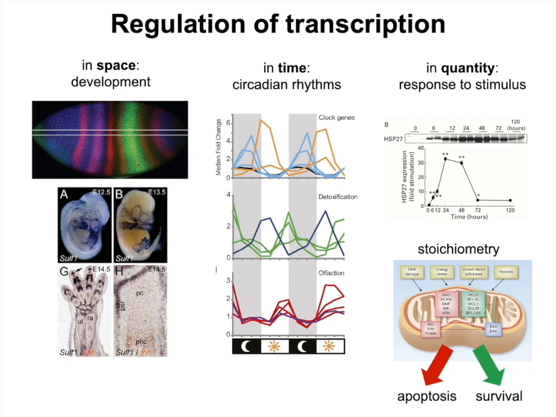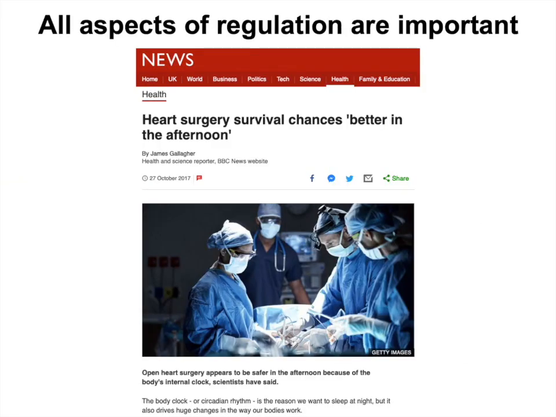The appropriate activation of apoptosis, and therefore the fitness of the organism, will largely depend on the capacity to regulate the transcription of these proteins. This has practical importance, as this piece of news suggests. The internal clock of the body is likely to make the heart more resistant to surgery during the afternoon.